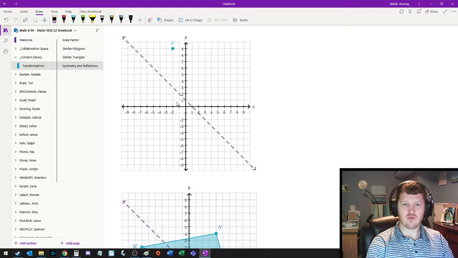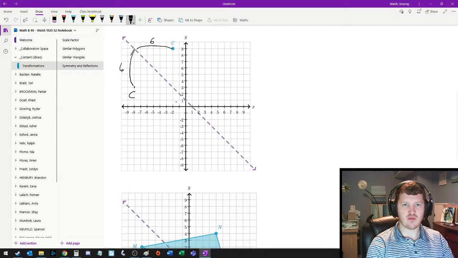So for this point here, we have 1, 2, 3, 4, 5, 6 to the left, and then we need to turn at the mirror where it reflects and go 1, 2, 3, 4, 5, 6. And this is going to be where point C is.